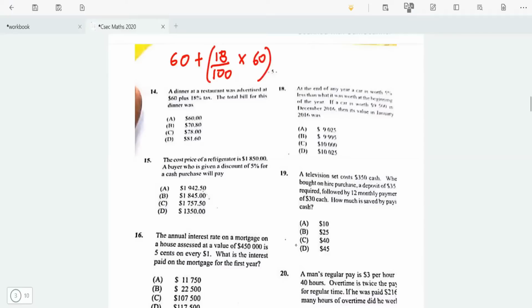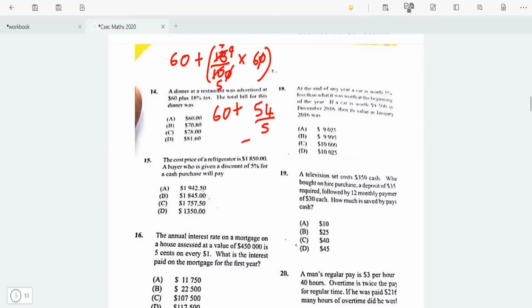So you add your $60 first, which is the original price, plus your tax that you're paying. So when you work this out now, it's going to be this 0 cancels this 0. 2 into itself 5 times, 2 into itself 9. 9 times 6 is 54. So that is 60 plus 54 over 5.